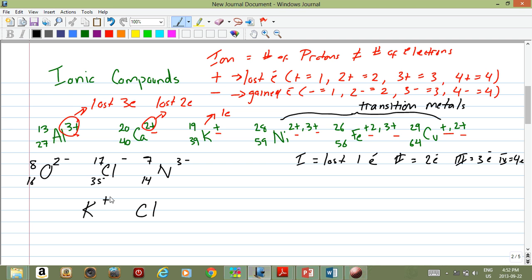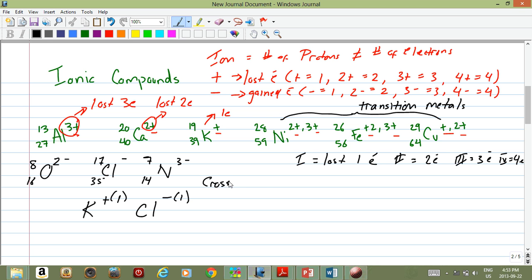You just have to look at the table. So the periodic table says that potassium wants to be positively charged, and chlorine wants to be negatively charged. And each one wants either to lose an electron, as in potassium's case, or to gain an electron, as in chlorine's case. So we use something called the crossover rule.